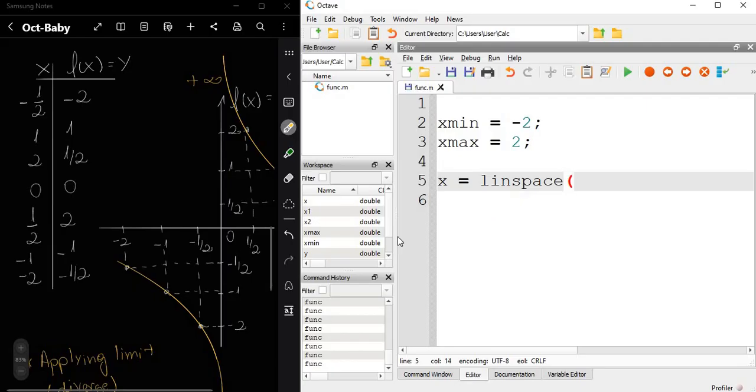Now let's pass these variables, xmin and xmax, right here as arguments, and let's also establish the number of points, and the more points that we attribute, the more precise this function will be visually.